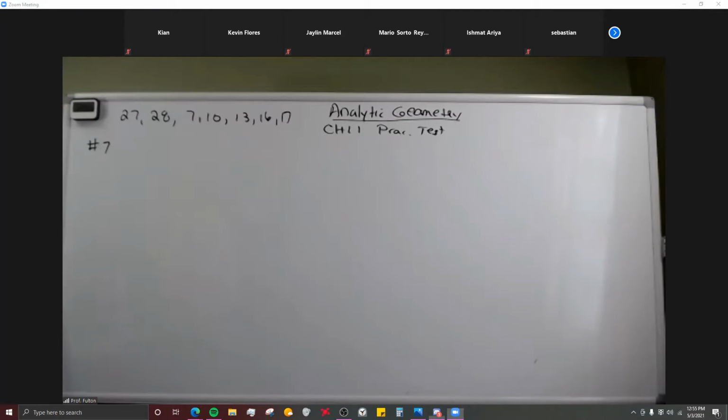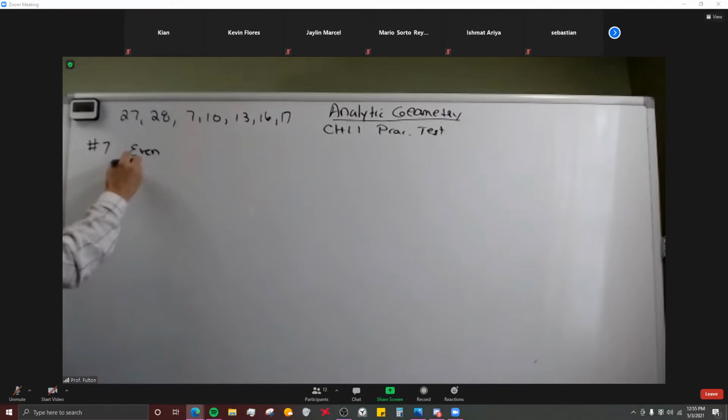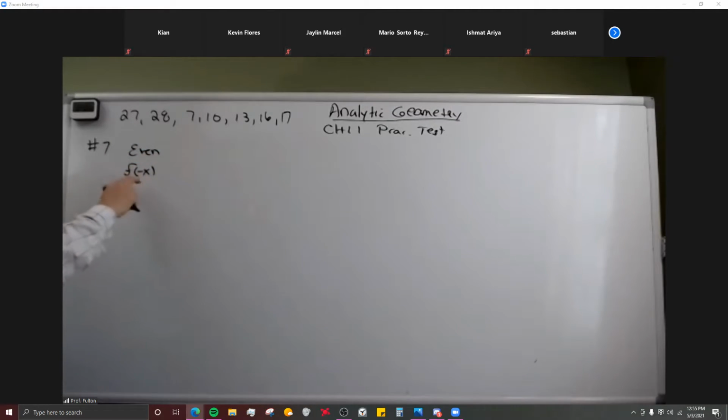So number 7 is testing for odd or evenness. Remember, a function is even if it satisfies this criteria: if I change the sign of the argument and the function stays the same, then it's even.